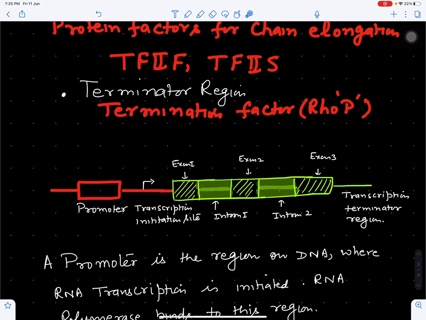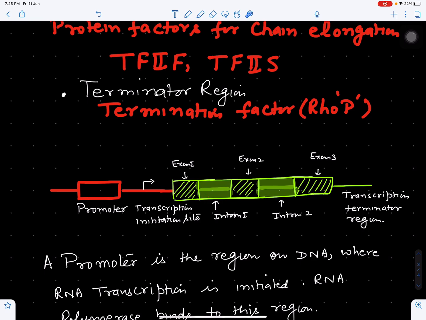Again, this is the DNA strand, this is the promoter region where RNA polymerase binds, this is the initiation site, and this is the gene. In eukaryotes, it is not simple; it is called a split gene. A split gene has exonic regions and intronic regions: exon, intron, exon, intron, exon. Whenever exons are joined, introns have to be removed.